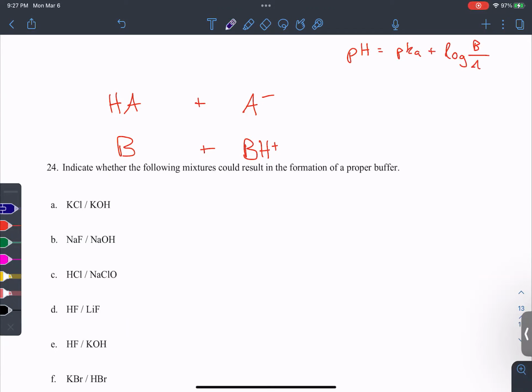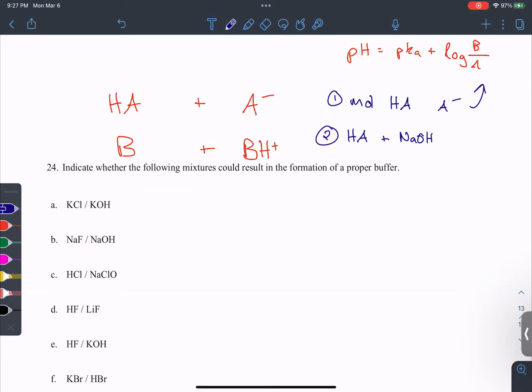The way I teach it to my class is that there are two ways to make a buffer. You can either add mole amounts of both HA and A minus straight into your beaker, and those mole amounts go straight into the Henderson-Hasselbalch equation. The second way is to start with HA and partially neutralize it with some strong base, sodium hydroxide.